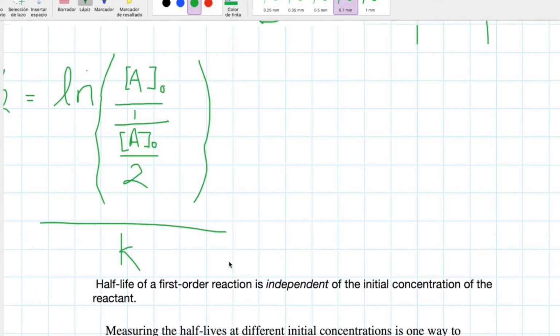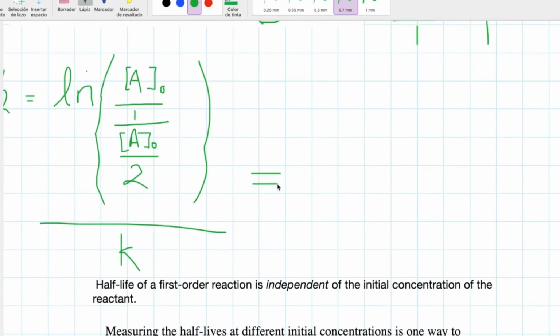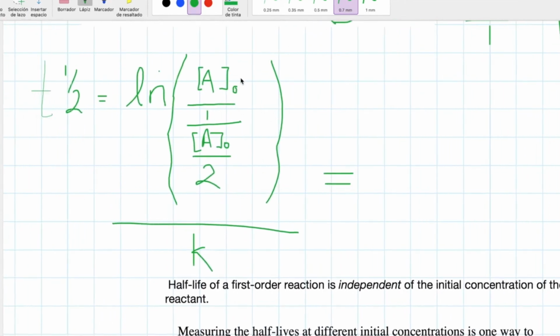So let's plug it there, and this all over k.